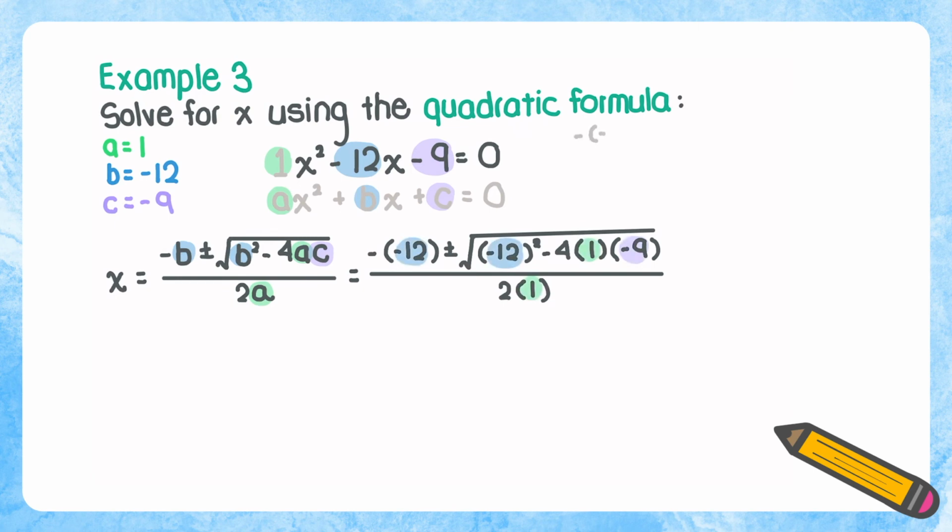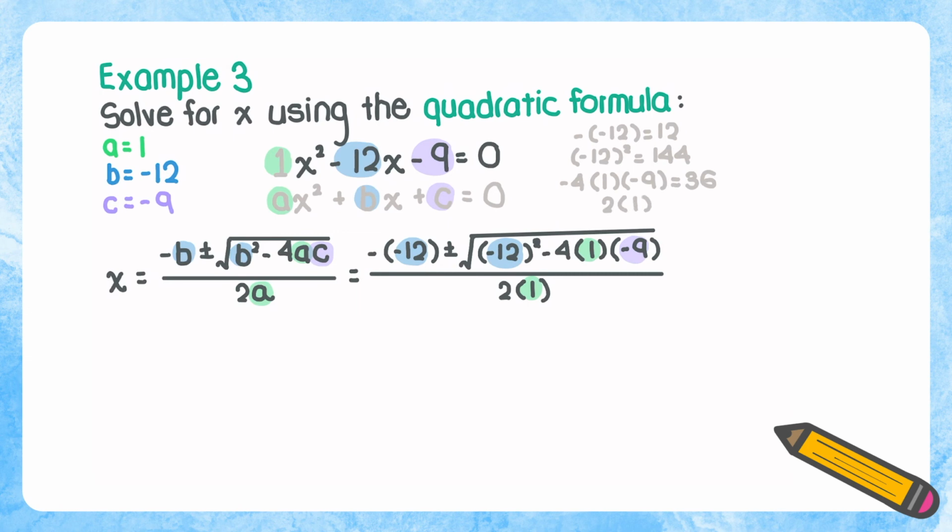So here, negative of negative 12 is positive 12. Then negative 12 squared is positive 144. The negative 4 times 1 times negative 9 is positive 36.